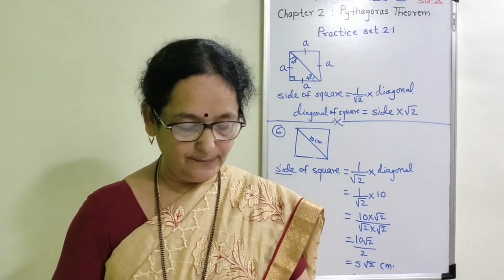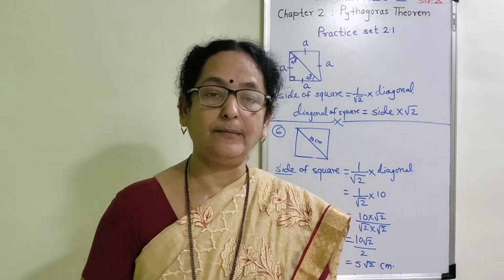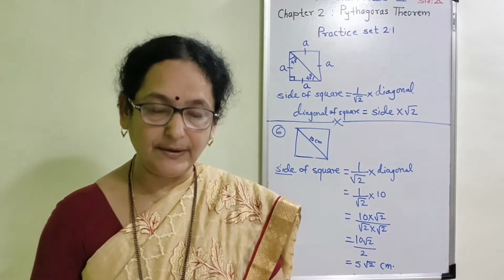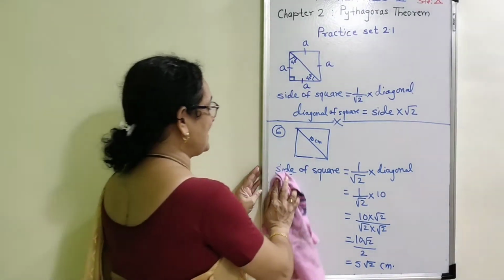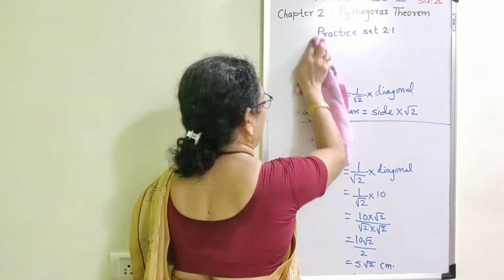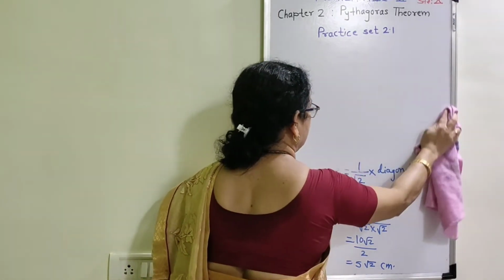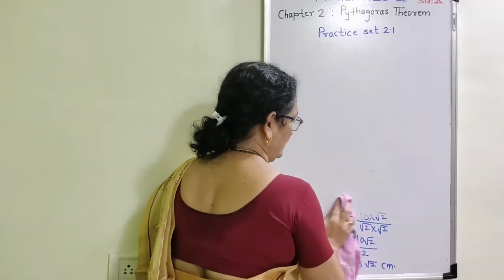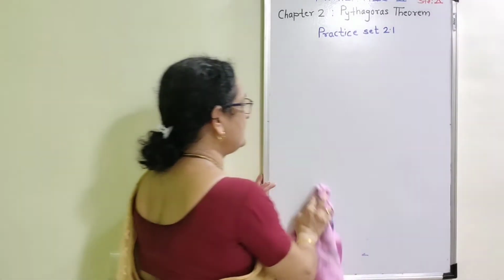Now we are going to complete the last two examples, that is example number 9 and example number 10. Now we are going to complete example number 9. This is also an application of Pythagoras theorem.